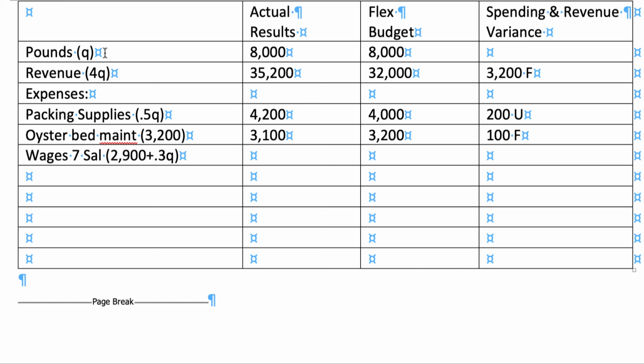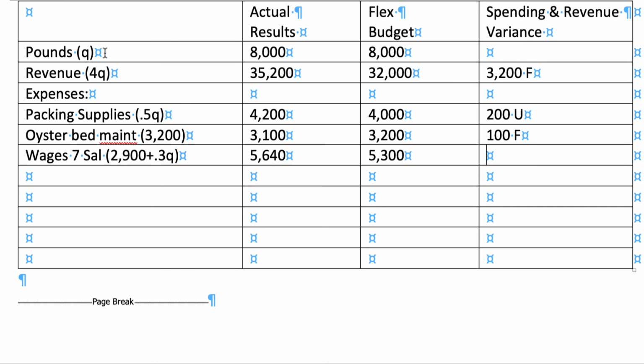Okay, based on the flex budget, what should my wages and salaries be? It should be $5,300. Okay, well, what are my actual results? Again, I go to the income statement, and I see that my actual results are $5,640.